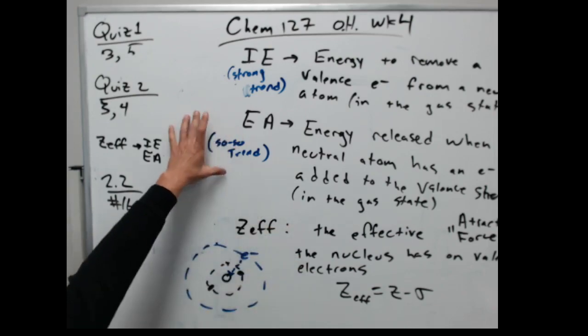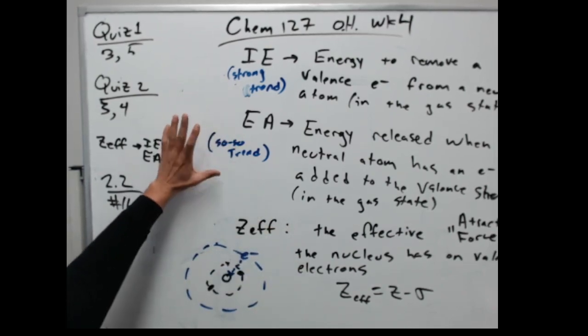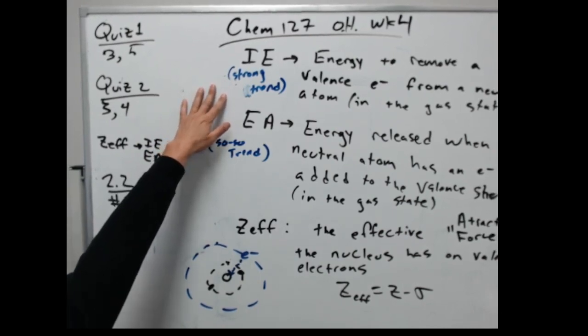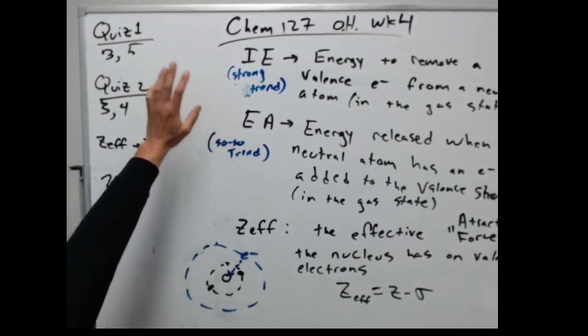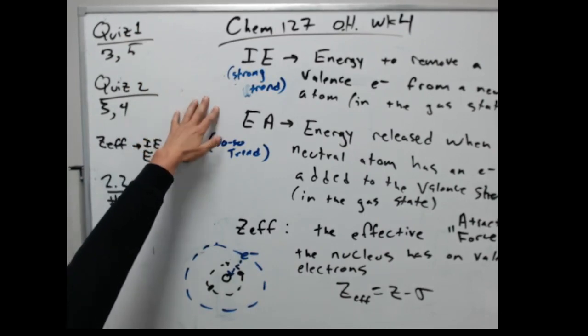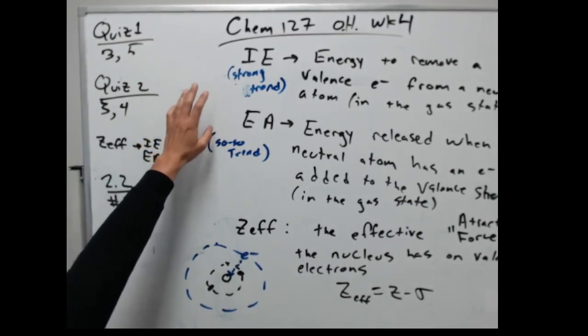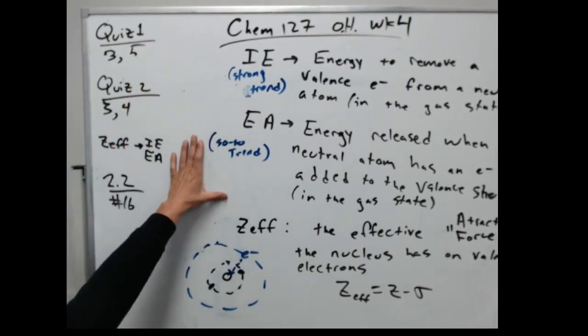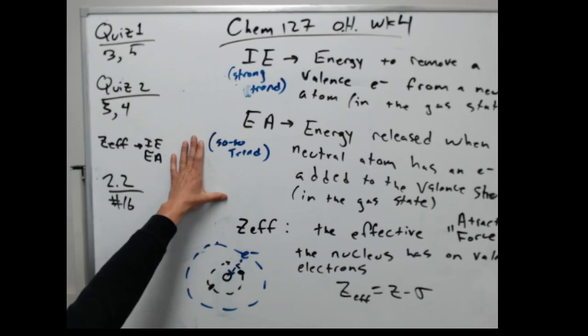That's where it's a strong trend versus a so-so trend, because ionization energy is very much energy related till you start taking away core electrons, and then it gets weird again. Generally when taking away electrons, we just look at the first ionization energy. When adding electrons, there's more than just the attractive energy. It's also valence space.